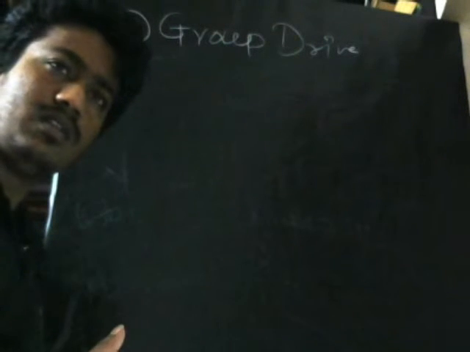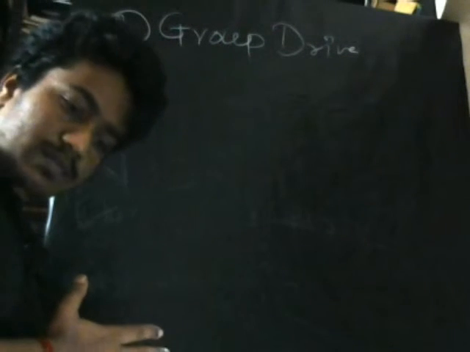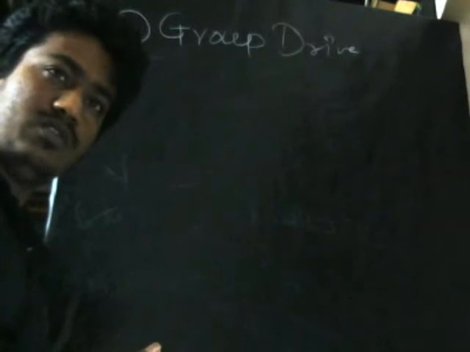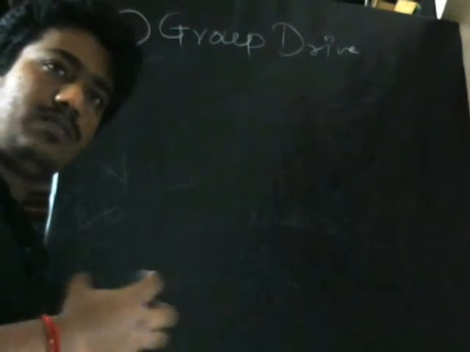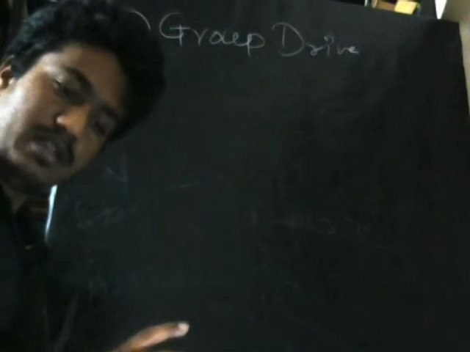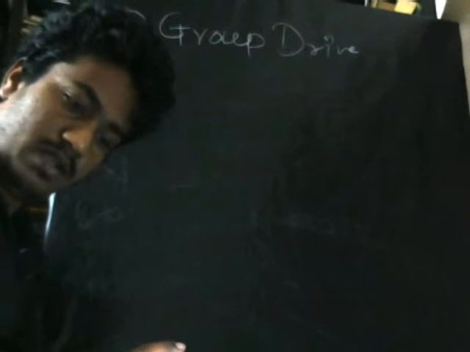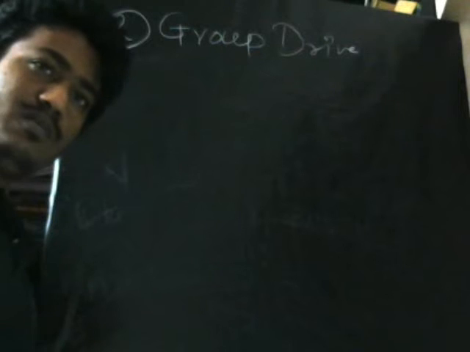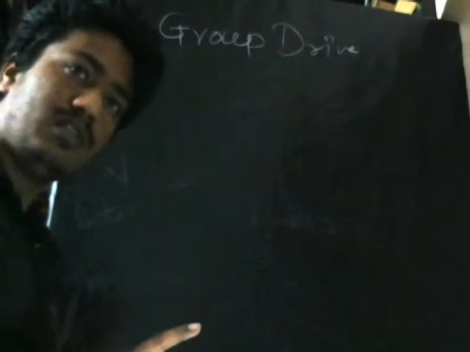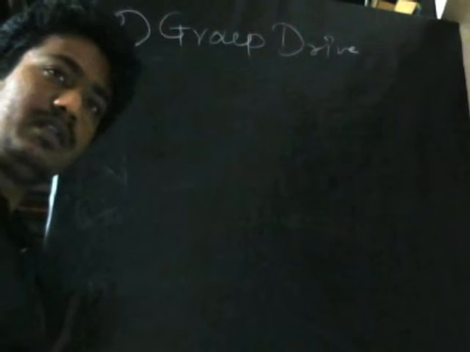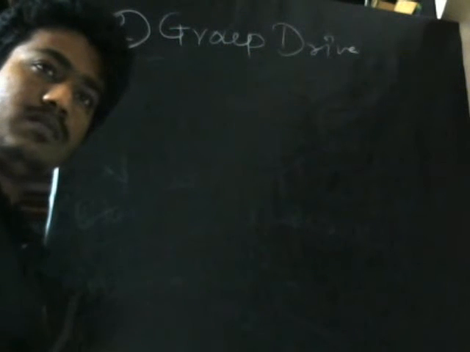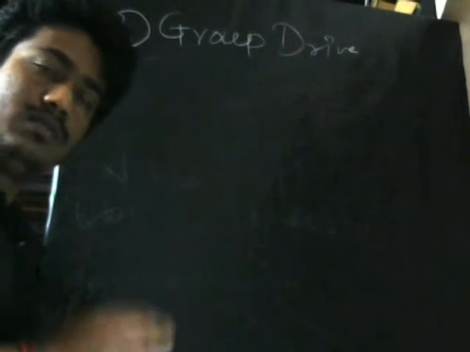How is it given from main shaft to counter shaft and from counter shaft to machine shaft? What is the medium? So that is belt drive. Belt drive means what? You have pulleys also. By using big pulley and small pulley and belt, you drive the power from one position to other.